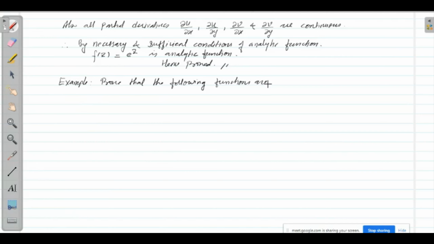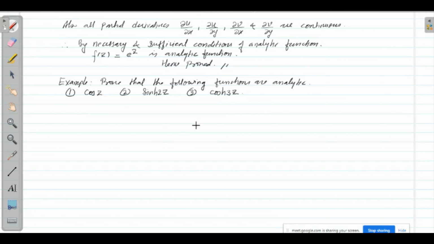Number one, write down cos z. Number 2, take the hyperbolic function sinh 2z, and number 3, you can take hyperbolic cosh 3z, and so on. Similarly, you can show all these things.